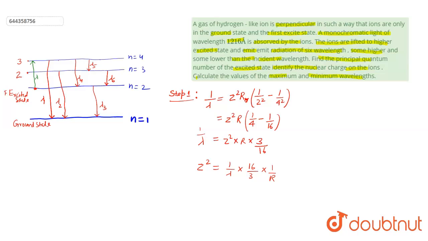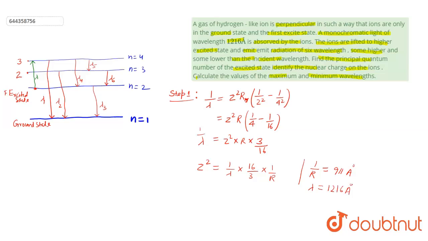Now we know that 1 upon R is equal to 911 angstrom. This is the Rydberg constant: the reciprocal of the Rydberg constant is 911 angstrom. Now substitute this value, and the lambda is here 1216 angstrom.